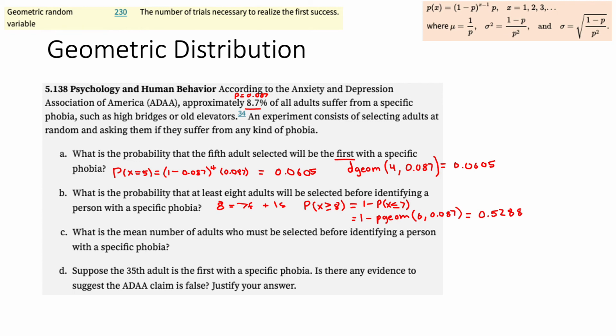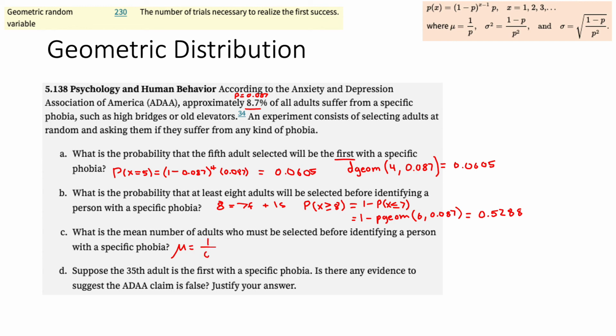C, what is the mean number of adults who must be selected before identifying a person with a specific phobia? So if we repeated this experiment over and over again, what would the average or expected value be? This is where these formulas come in handy.